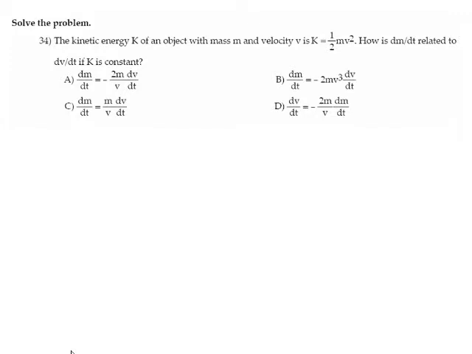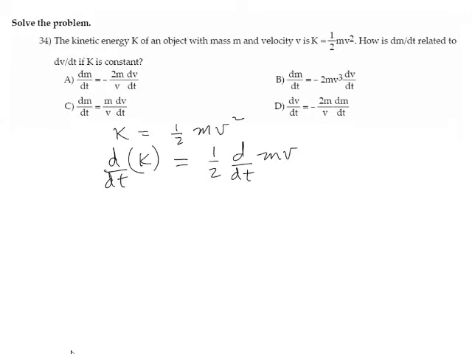So let's write down what we know: K equal 1/2 mv squared. In order to get a relationship between dm/dt and dv/dt, we need to take d/dt of both sides. d/dt of K is equal to 1/2 d/dt of mv squared. Notice we're going to have a product rule here. d/dt of K is equal to 0.